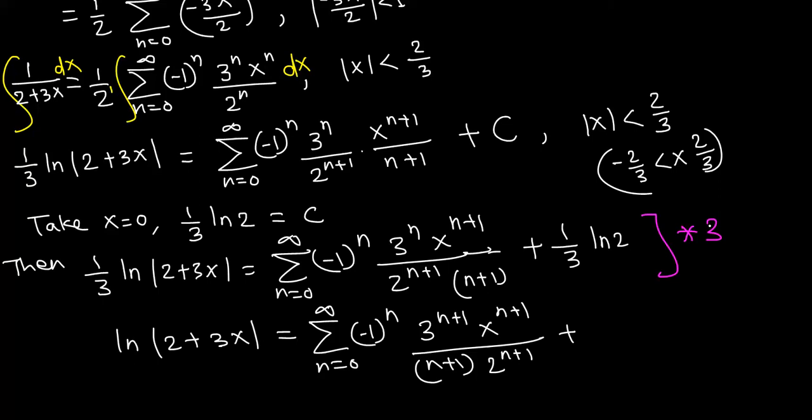Plus, if we multiply, we get natural log of 2. And this is true in this interval. The interval of convergence is -2/3 to 2/3.